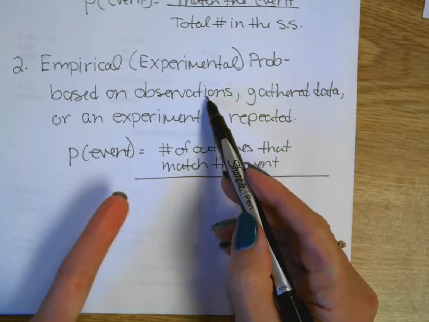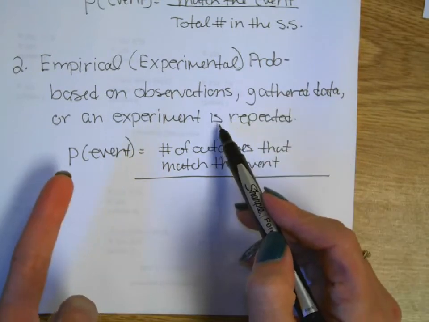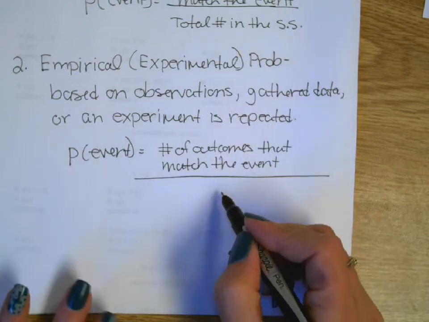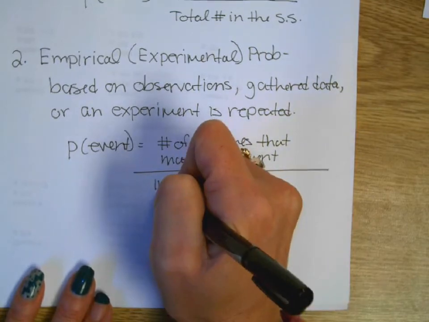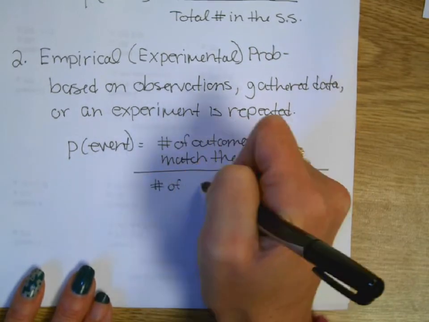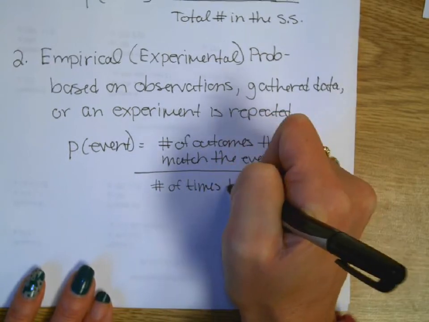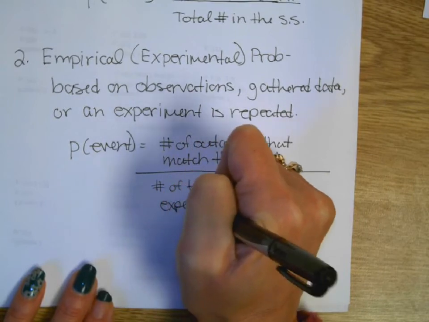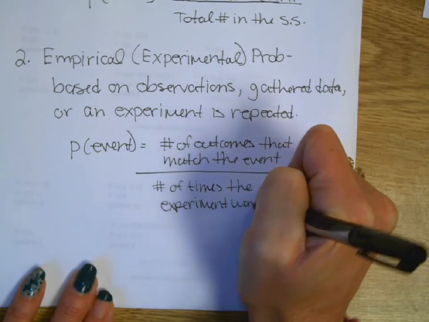How many observations did they make? What's the gathered data say? What's the total number of times you did an experiment? So this bottom number was generated by somebody gathering some data. So it's the number of times the experiment was repeated.